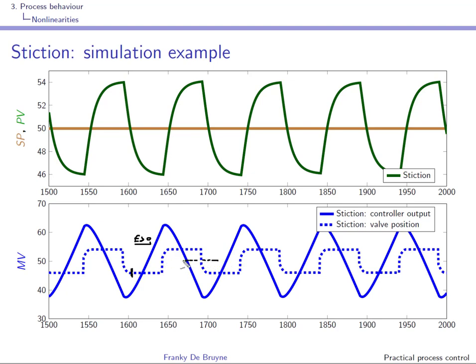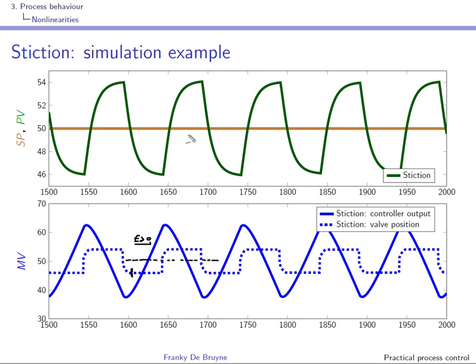You can kind of see that to have PV on set point you would have to use this average value of MV, and what happens here is that because of this accumulated potential energy the valve opens too much, right?